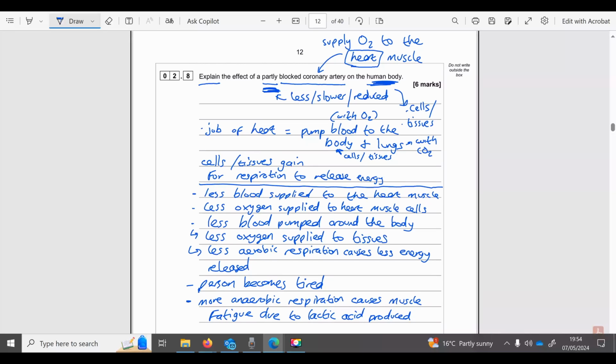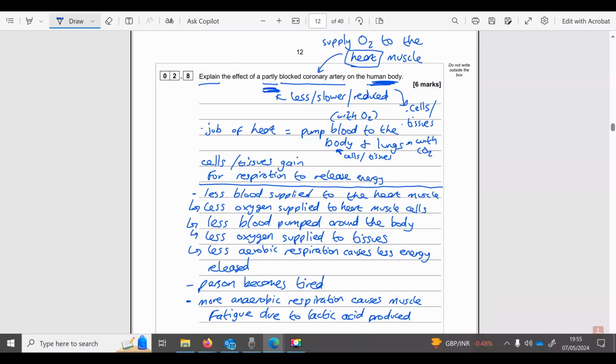So more anaerobic respiration causes muscle fatigue due to production of lactic acid. And those are our points. If you look at what we've done now, for each of our points, we have explained a little bit further what the effects are.